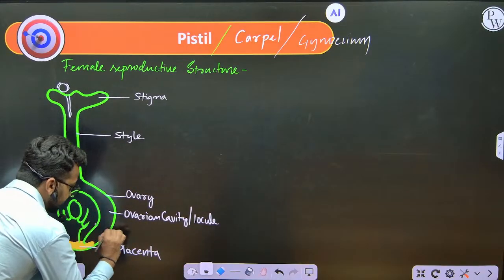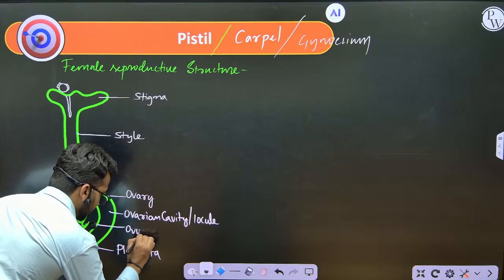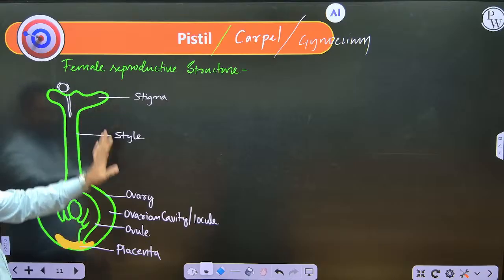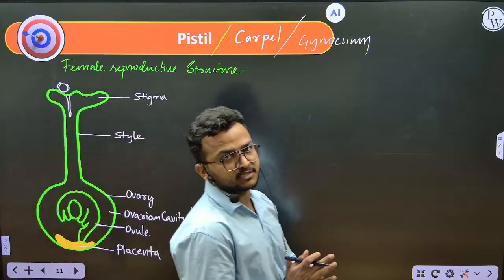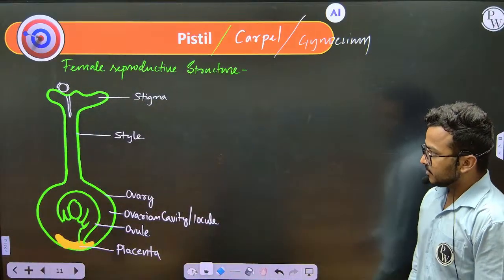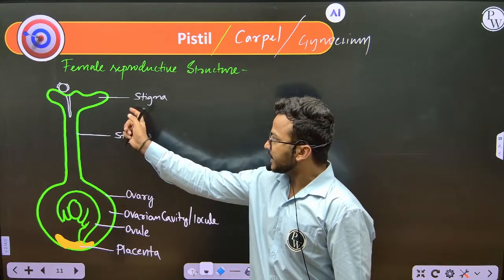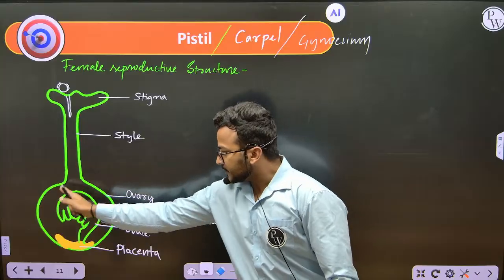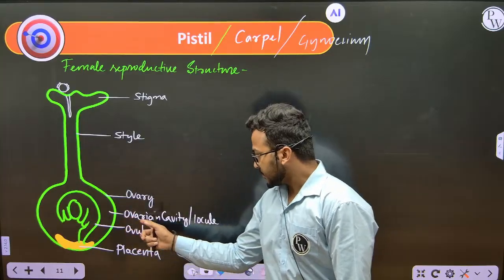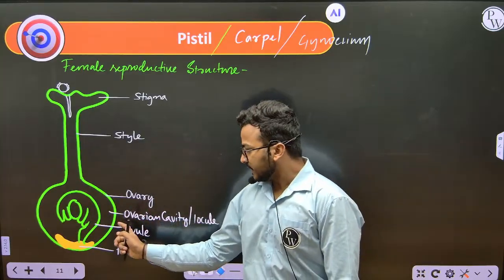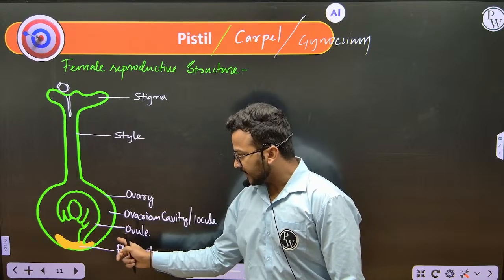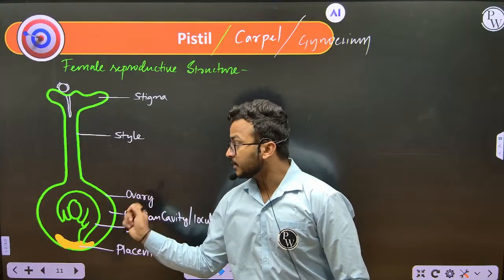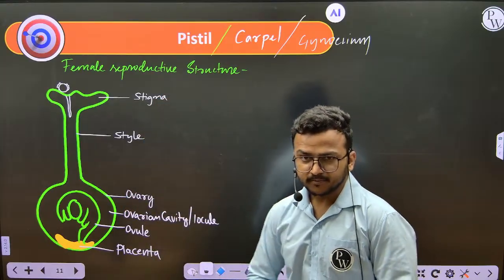Within that, the structure you are seeing is the ovule, which is attached to the placenta. So the pistil contains three structures mainly: stigma, style, and ovary. Within the ovary, the empty space is the ovarian cavity or locule, and within that is an ovule attached to the cushion-like placenta. So that is about the pistil.